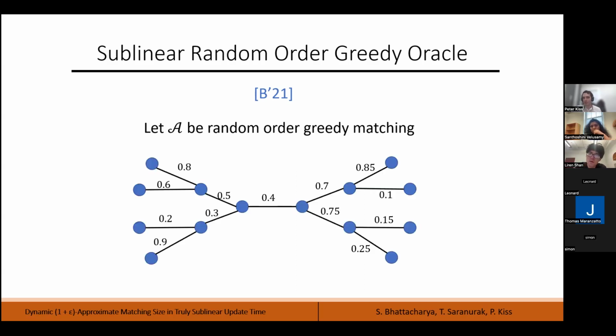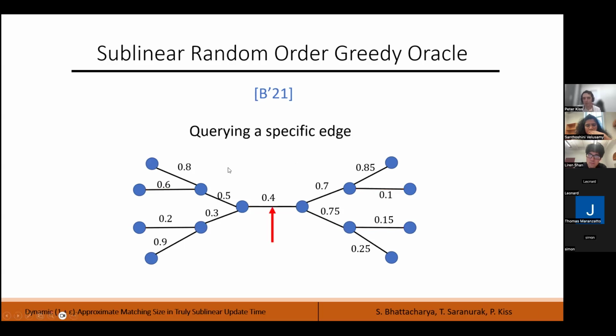So random order greedy matching can be just thought of as you assign values between 0 and 1 randomly to the vertices, you go through them in increasing order, and you greedily build the matching as much as you can. So something like this. We are moving upwards. And say we want to query a specific vertex, a specific edge, the one in the middle, we can instantly exclude a lot of directions we don't want to go in, because the randomness is guiding us towards how this process evolved over time.